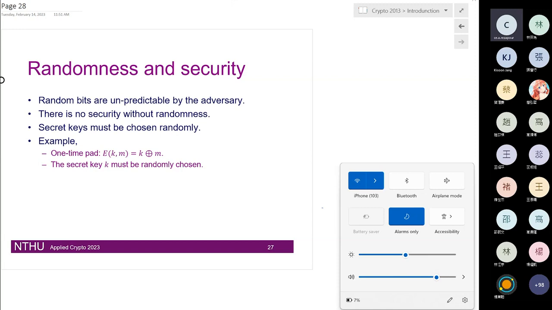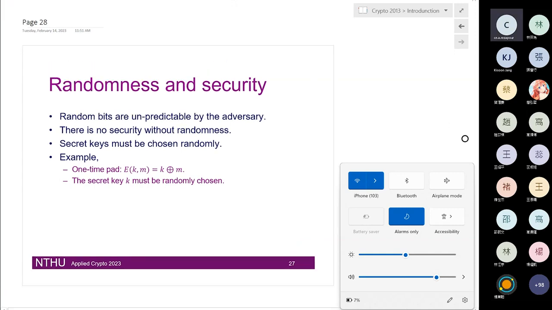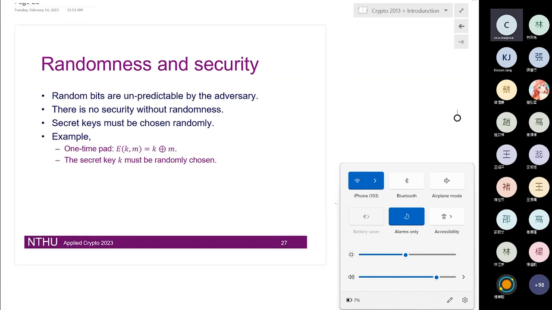In terms of randomness in security, it is a very important issue to have randomness. Most of the algorithms that we would discuss would start with a notion of randomness. By randomness, we mean that we want some random bits that are unpredictable.